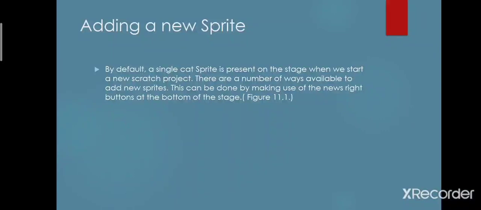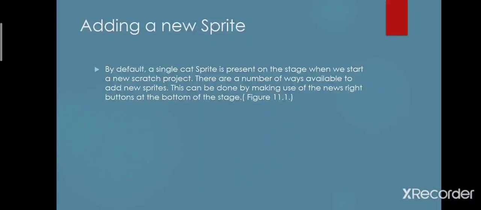There are a number of ways available to add new sprites, so you are able to change the sprite as well. If you want to replace the cat with any other sprite, you can do it, but by default the first sprite which appears on your screen is a cat.